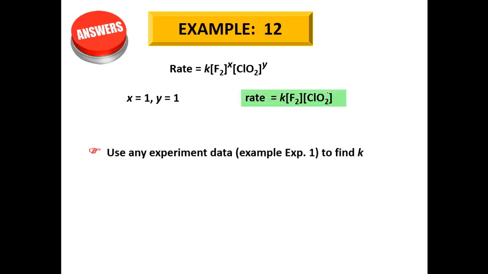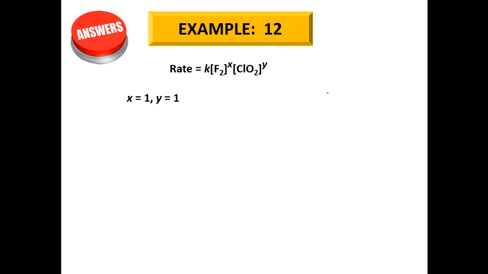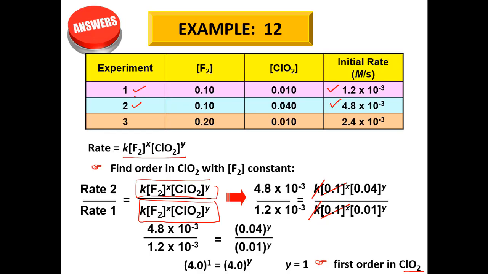Okay, so bila nak kira nilai K, nak kira kita punya rate constant, kita boleh pakai data mana-mana eksperimen. We can use mana-mana data eksperimen pun, eksperimen 1 ke 2 ke ketiga, tak kisah, kita pilih satu, kita masukkan nilai concentration, kita masukkan nilai initial rate, dah tahu order dia berapa sekarang, so kita boleh kira kita punya K lah.